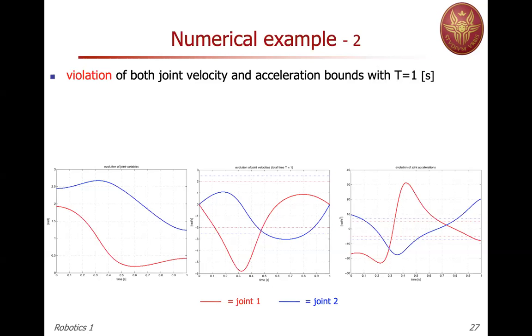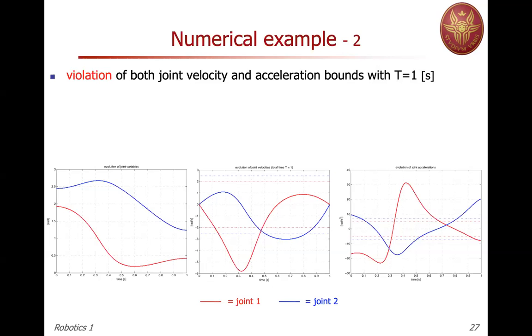We do the same for the acceleration, so we take the maximum value. You can do this while you're generating the trajectory. You keep track of the maximum value in absolute terms for the red and the blue acceleration, and we compare them with their limit A max.